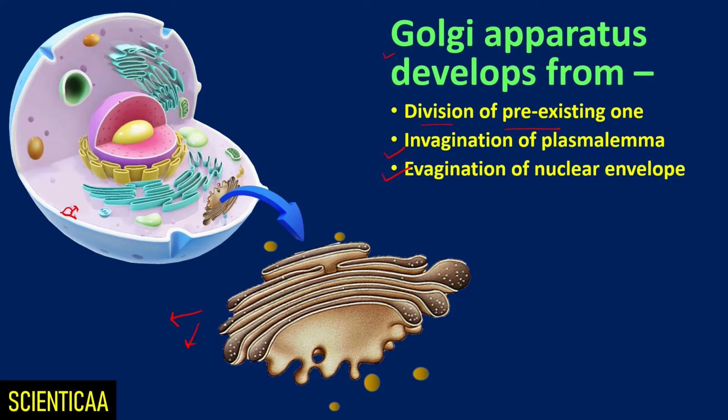The nuclear envelope can develop outwards, and this evagination can separate out to form the Golgi apparatus, and also from the endoplasmic reticulum. So these are the four modes in which the Golgi apparatus can be developed.